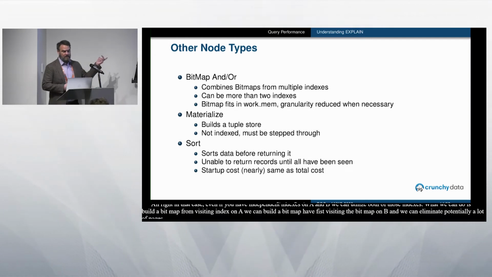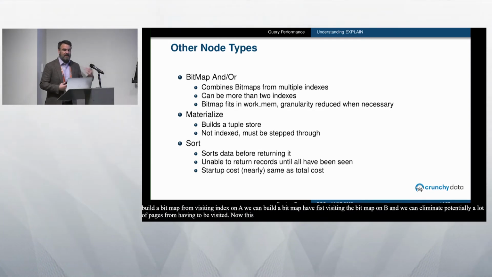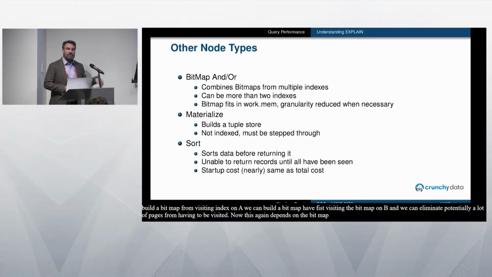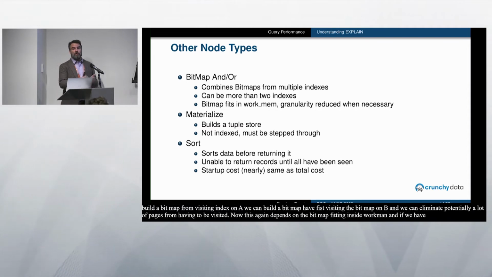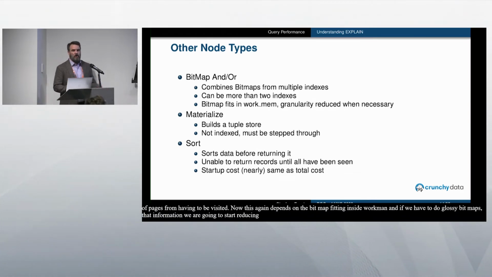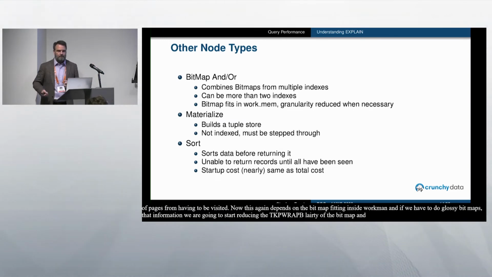Now this again depends on the bitmap being able to fit inside of work_mem, and if we start having to do lossy bitmaps because the number of tuples that we need to go visit is larger than we have work_mem amount of memory to save that information, we're going to start reducing the granularity of the bitmap. That makes it lossy, and that also means that we're going to have to visit more things, right?